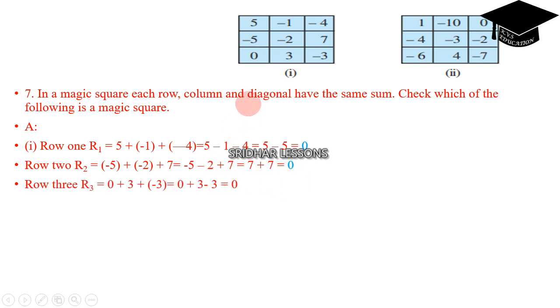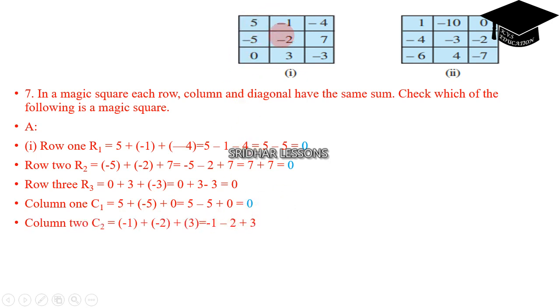And for row 3: 0 plus 3 plus (minus 3), so 3 minus 3 is equal to 0. This is about rows. Coming to the columns, column 1: 5 plus (minus 5) plus 0, which is equal to 0. And for column 2: minus 1 plus (minus 2) plus 3, which is minus 1 minus 2 plus 3, so minus 3 plus 3, which is equal to 0.